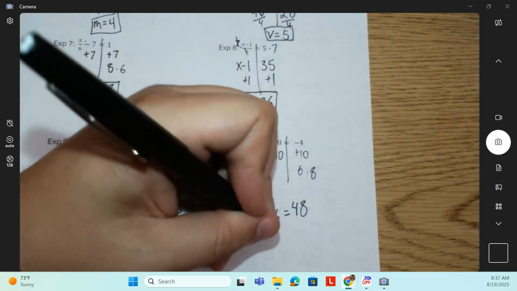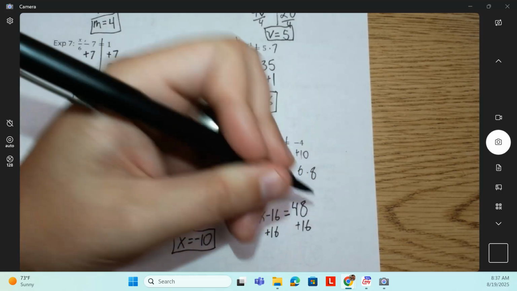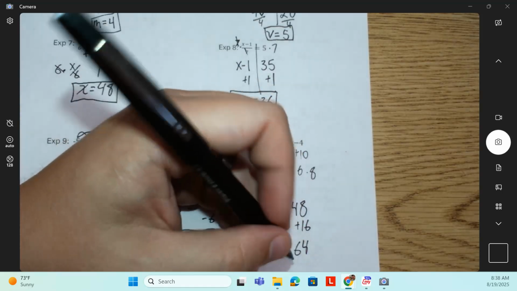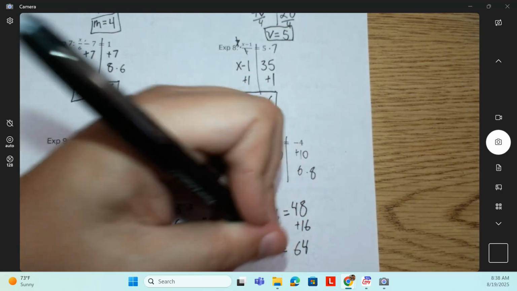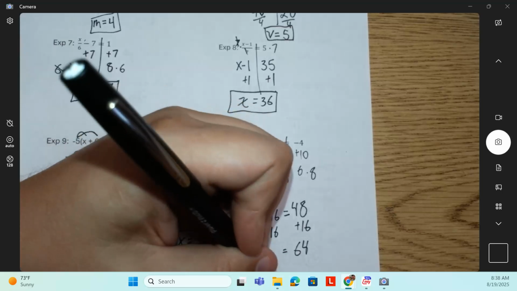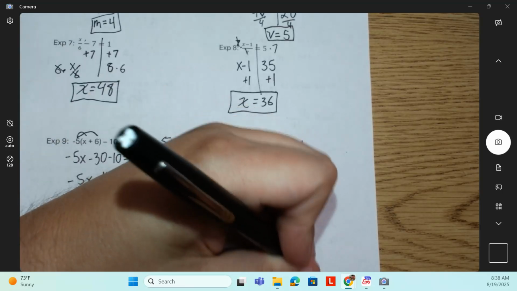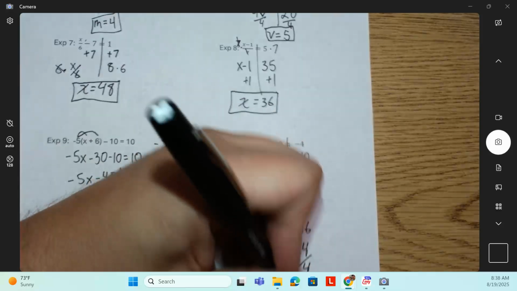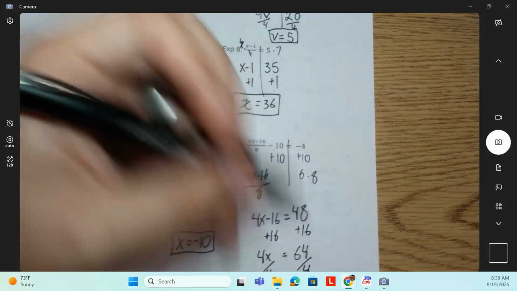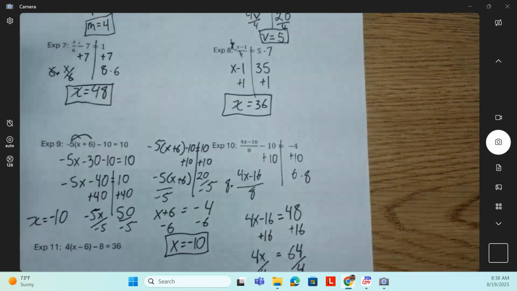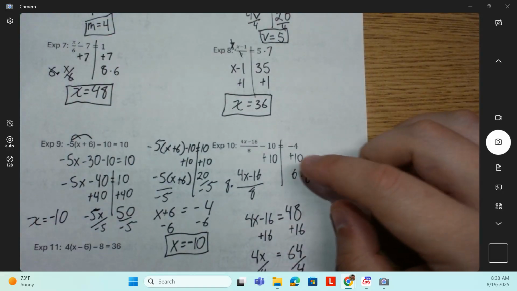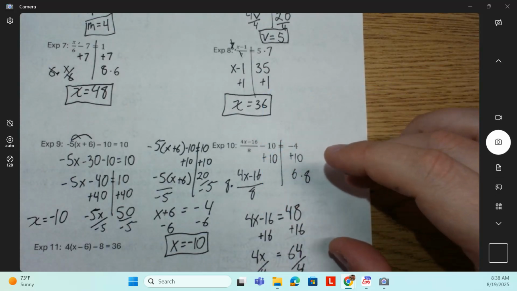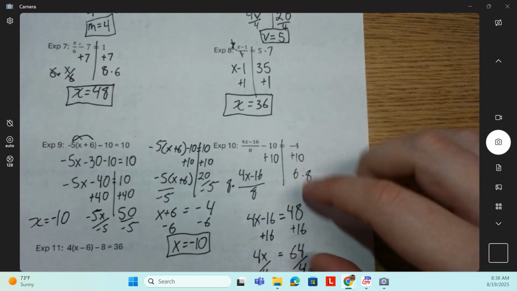Then, of course, I'm going to add 16 to both sides to get 64. And then last but not least, if I divide by 4, I believe that gets me 16. And so x would just equal 16. And that to me is a little more straightforward than doing a whole lot of organizing over here first, because you can just start chipping away at it.